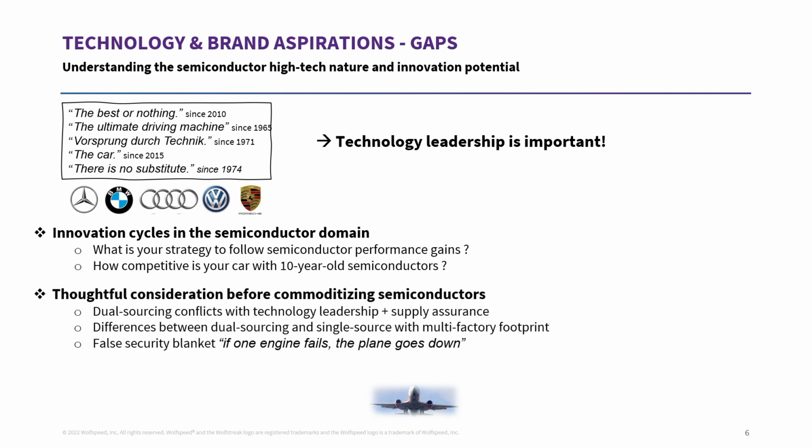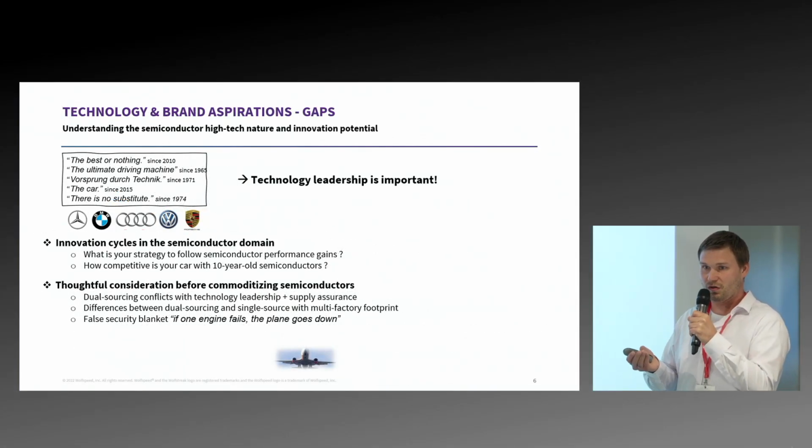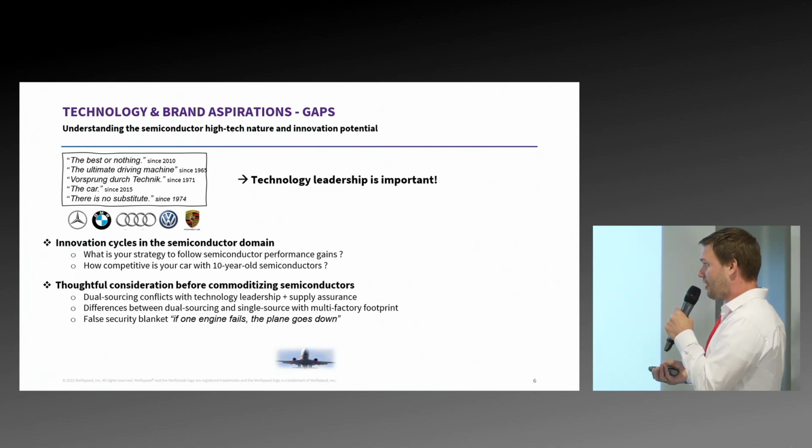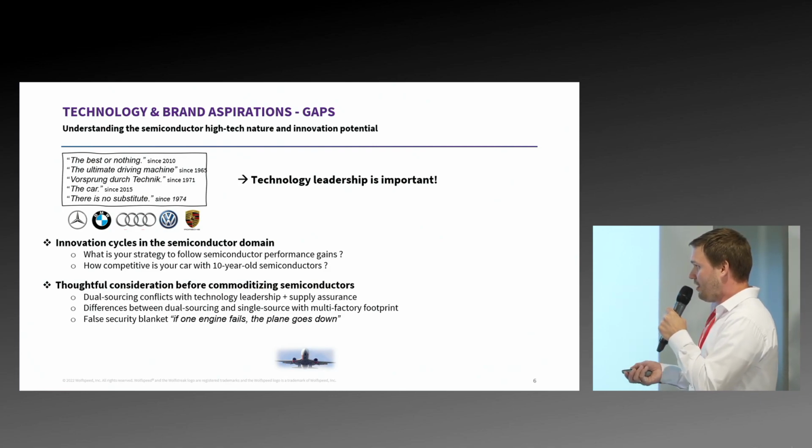Then the challenge is, if I use the new technology, I either have to wait for it, or maybe I can get it into the system pretty quickly. However, if you then go to the multi-sourcing strategy, you have to design your system according to the lowest performing device, because you have to have a harmonized system, and you only get out of it the weakest part, right?